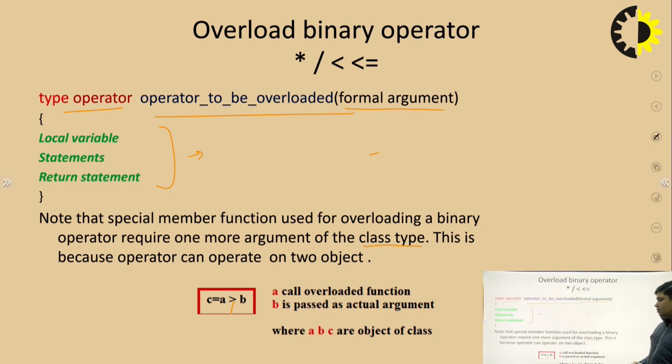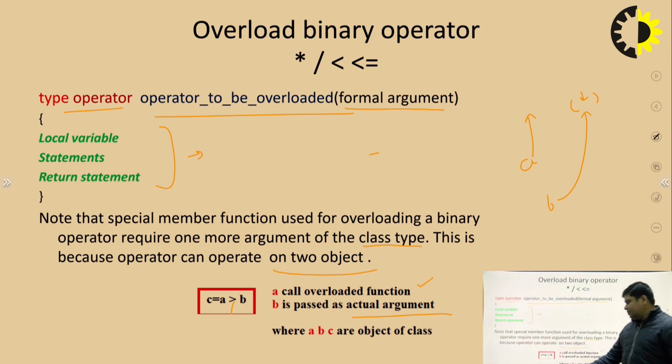This is because the operator can operate on two objects. You will see inside this code, A calls the overloading function and B is passed as an actual argument. In that case A is responsible for calling the method, and the value of object B will be passed to the parameter, where ABC is an object of a class.